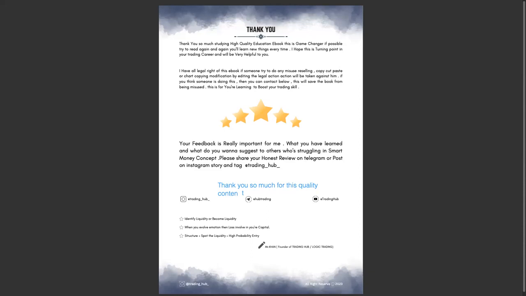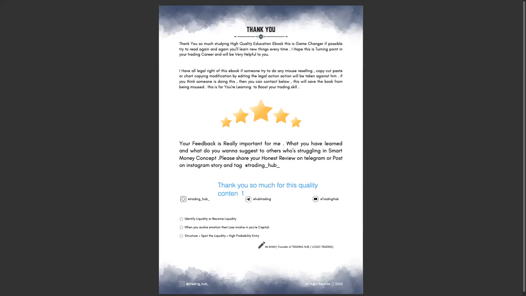There is no need to understand everything, like structure mapping, liquidity sweep, and inducement and everything. There are a lot of topics actually, so people get confused about where they should start.